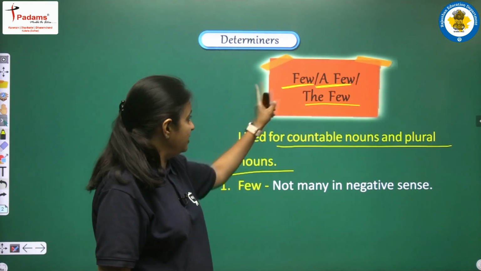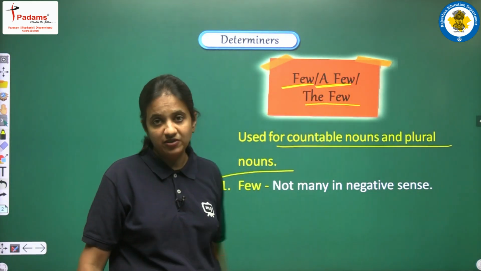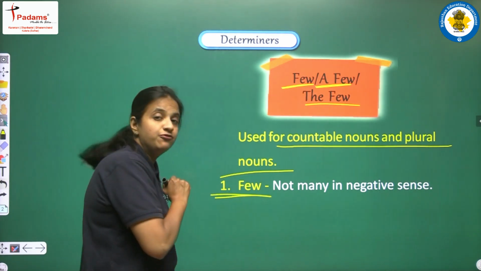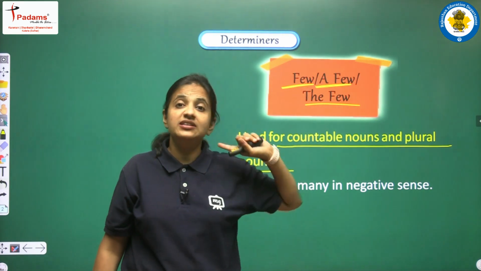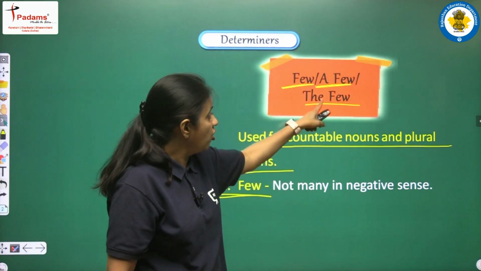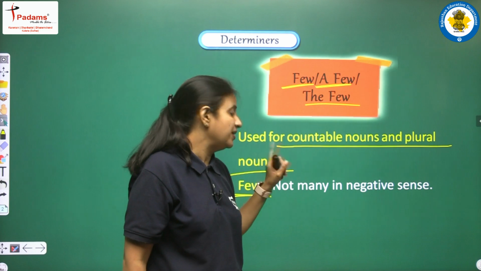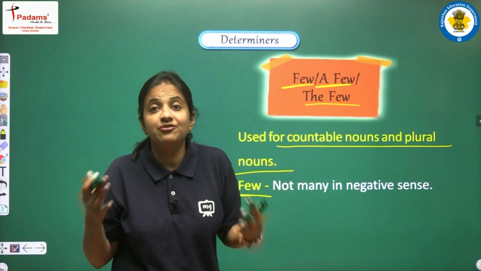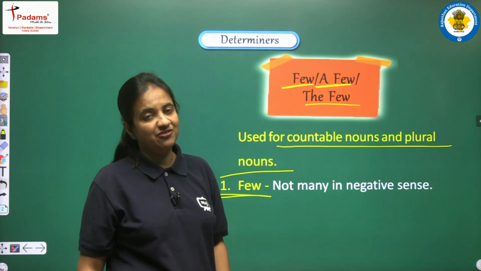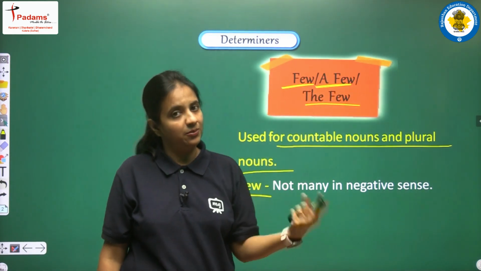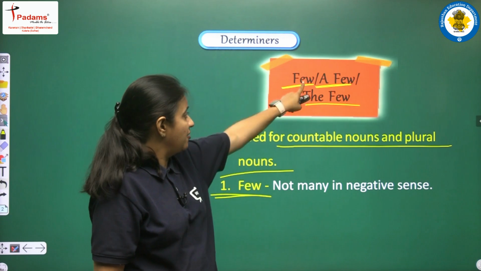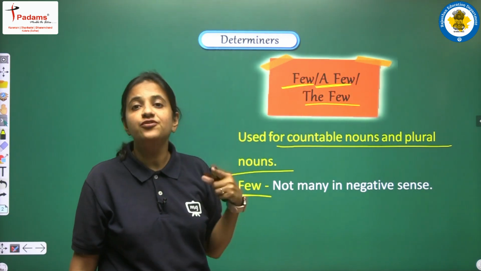So one thing is clear, that these three determiners have this thing in common, that all three are used for countable and plural nouns. Then what is the difference? Now we will talk about the difference, and for that we will discuss these three determiners separately one by one. First of all, here we have our first determiner, that is few.